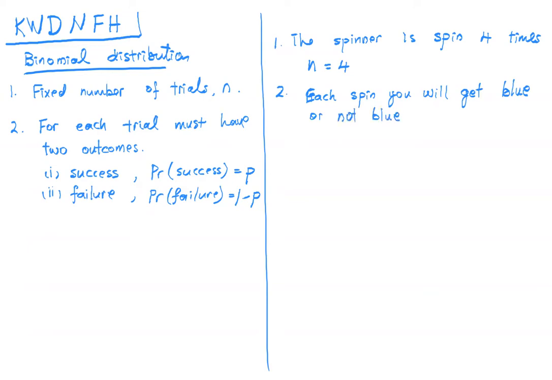So there are only 2 outcomes. Okay, so our success is, you have to specify clearly for that situation what the success is. Success is getting blue.